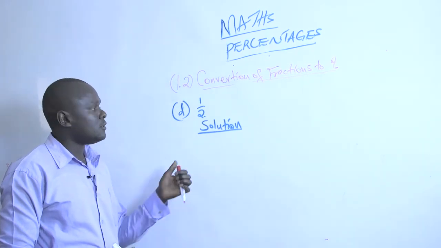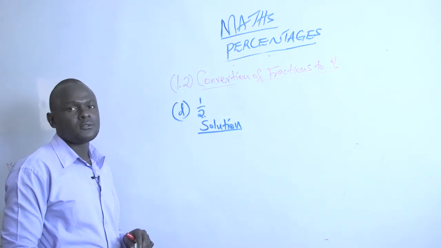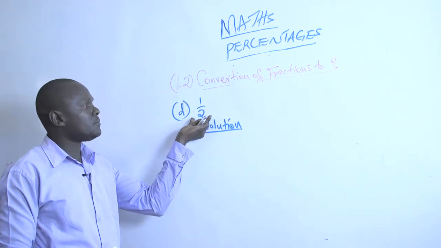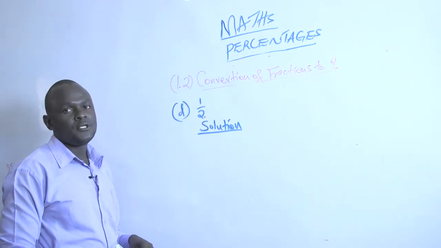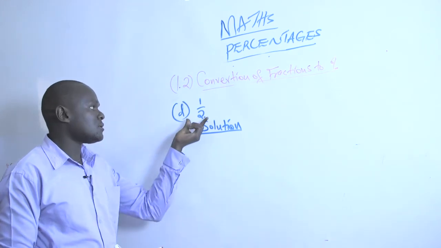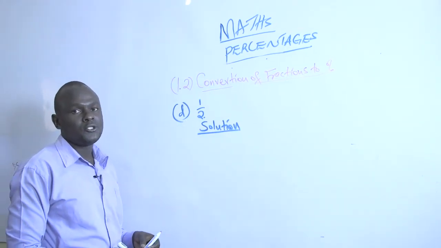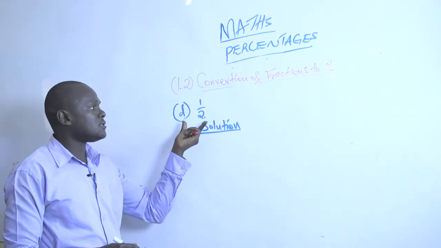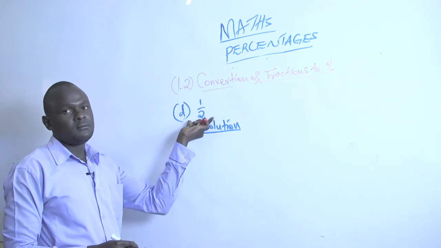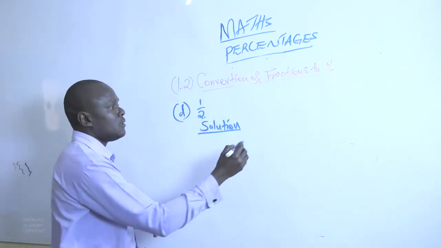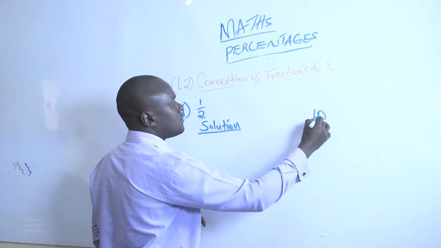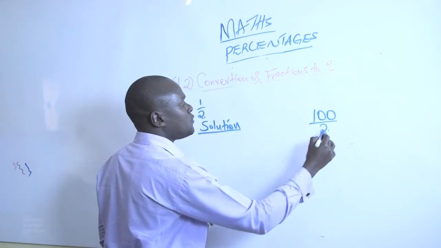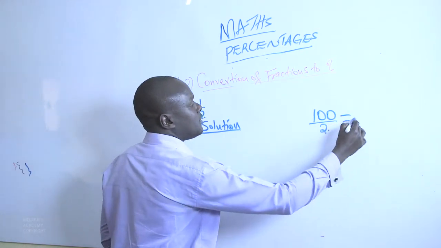As we have learned in the previous two examples, we look for a number such that when we multiply by the denominator, and in this case our denominator is 2, it should give us 100. You can do that mentally or manually, whereby you take 100, the end result, and divide by this number 2, and this will give us 50.